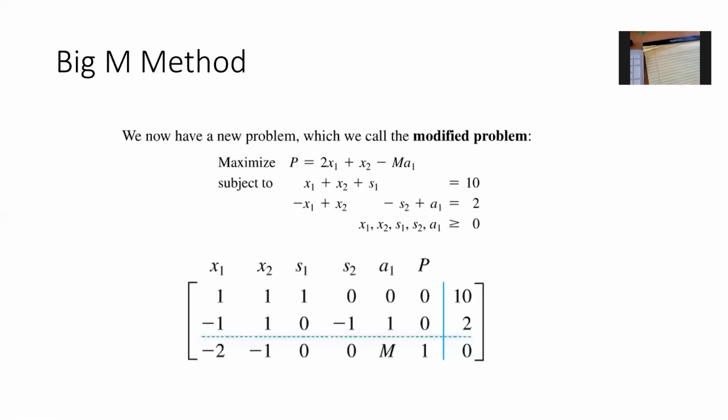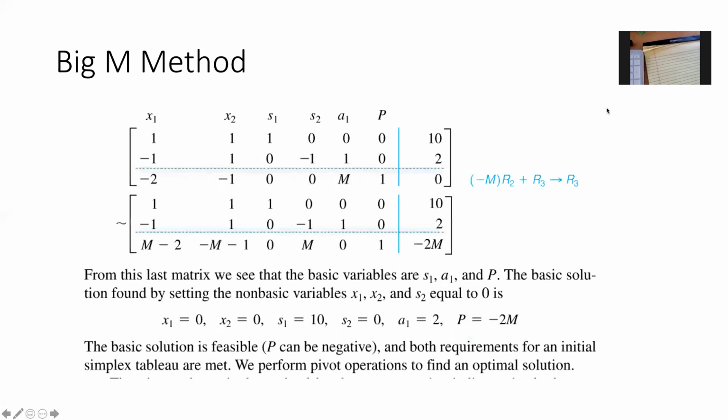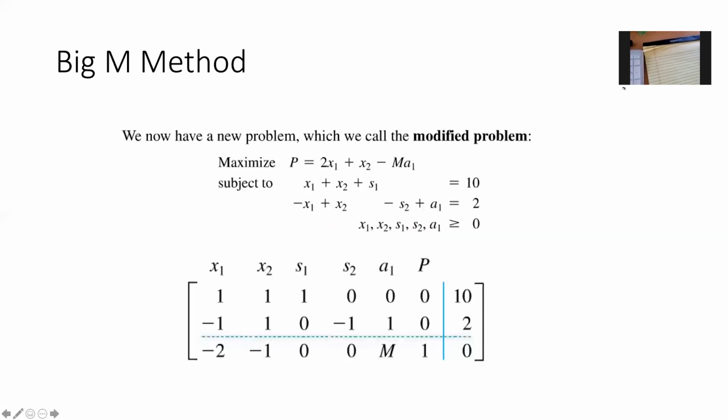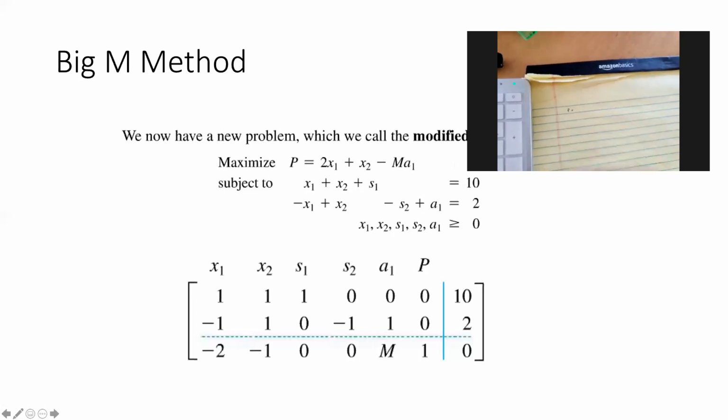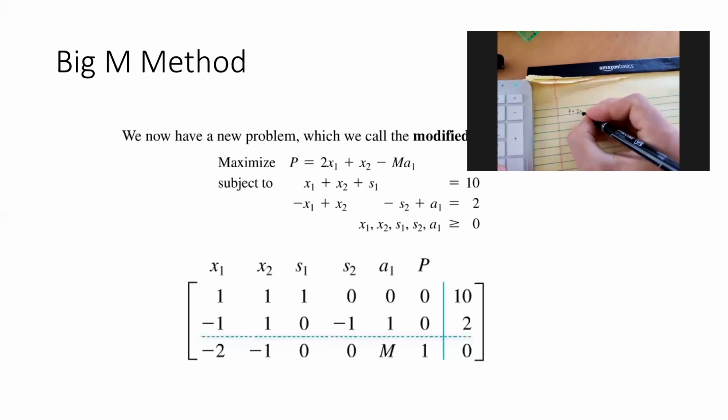So I'll write it on another piece of paper on the side real quick, just to make sure that's clear. If you have the profit equal to 2x sub 1 plus x sub 2 minus MA1, we need to move all that to the other side and have it equal to 0.